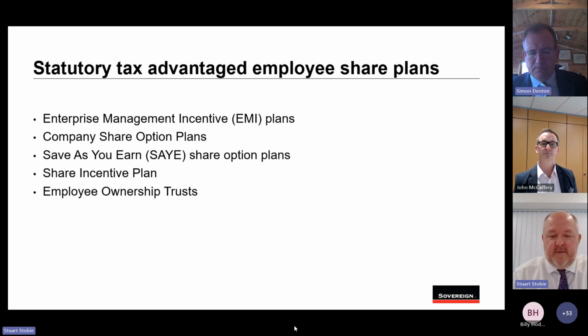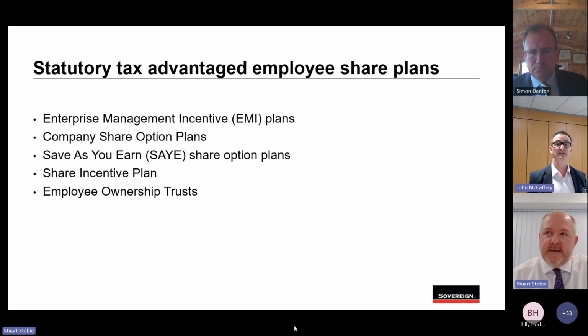And obviously, as John has explained, the 100% capital gains tax relief is an amazing incentive for anybody in their right mind looking to sell the company. Hang on a minute, that's an excellent exit.